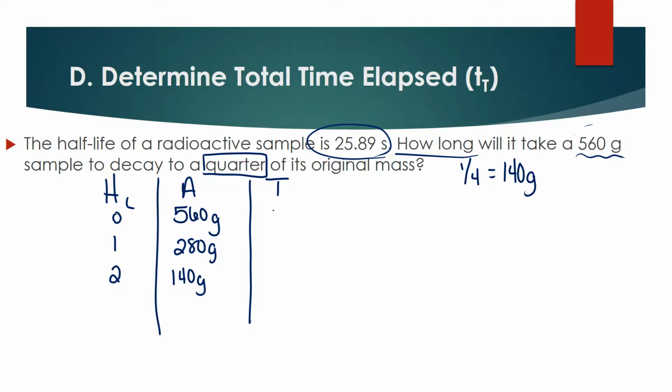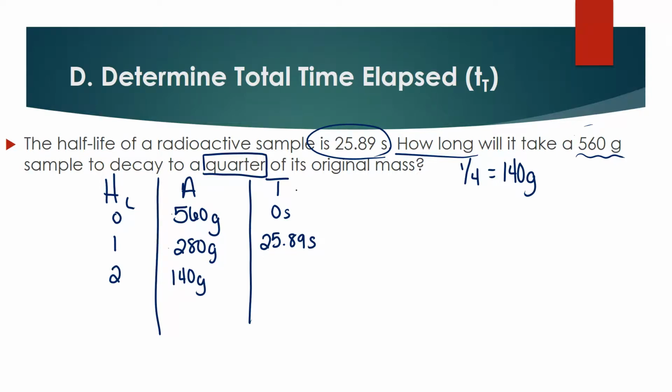So this is our initial time here, and this is before any time has gone by. So at one half-life, in order for half of this to break down, that is 25.89 seconds. So what happens here is our amount decreases, but our amount of time increases.